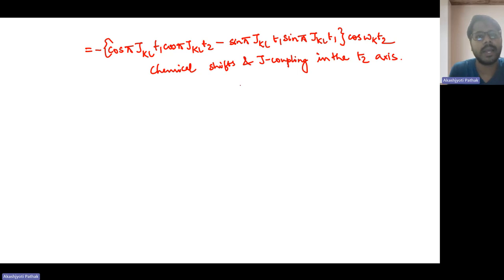But along the T1 axis, what do you find? Along the T1 axis, we do not get the chemical shift, we only get the scalar coupling information.